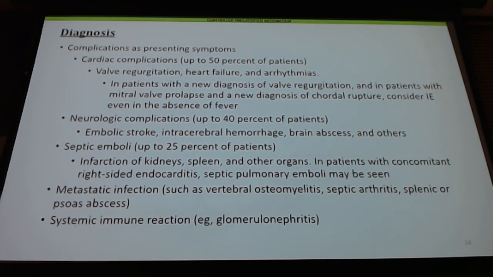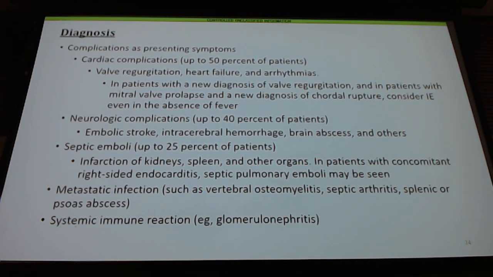Other things that may bring them in, because, yeah, how many times do people have fevers and never go to the doctor? And some of those other kind of vague symptoms. So what could bring them in? Well, it could be that they start to have complications related to that vegetation, or parts of that vegetation breaking off and getting sent downstream.